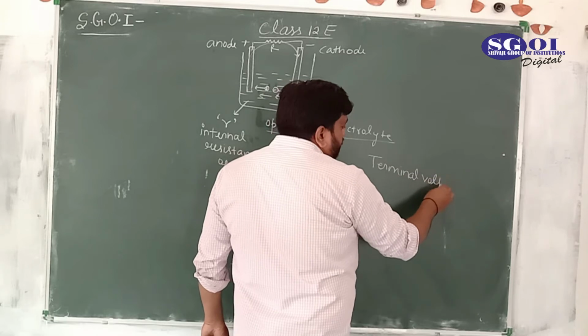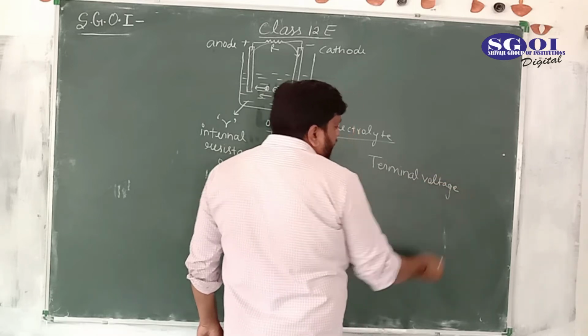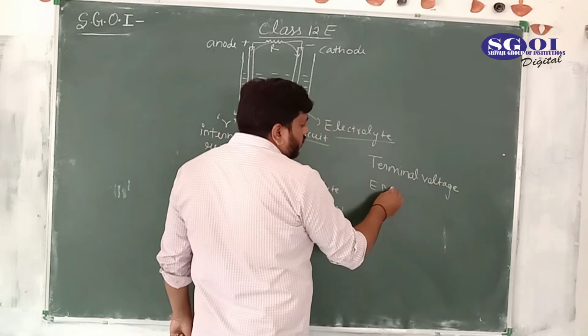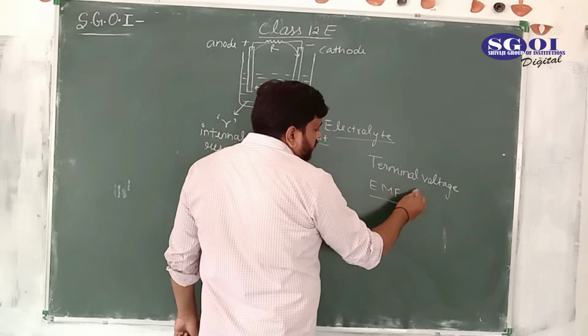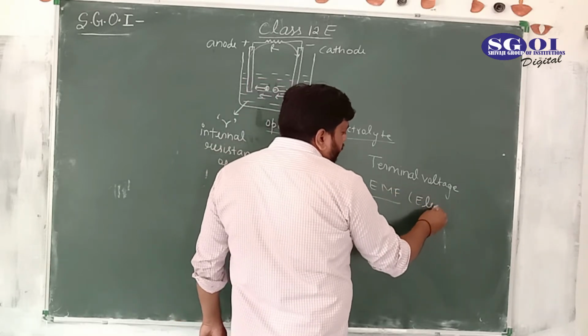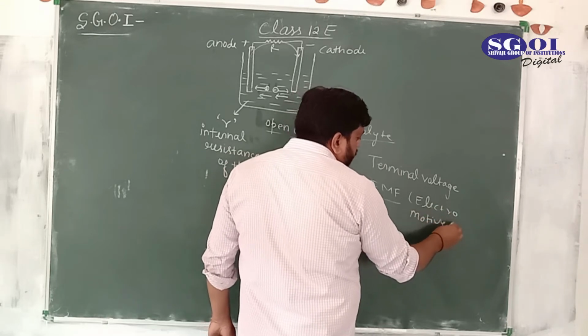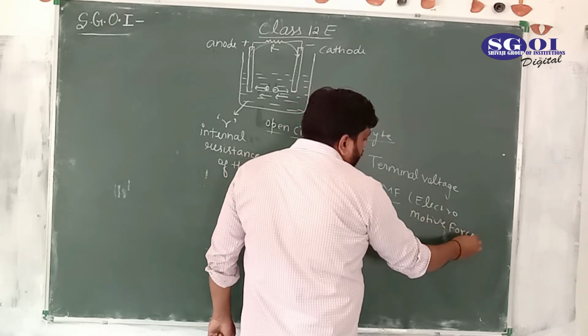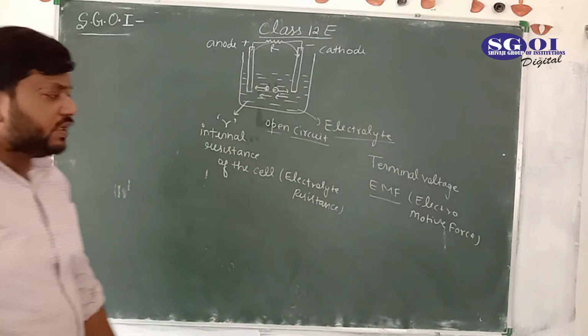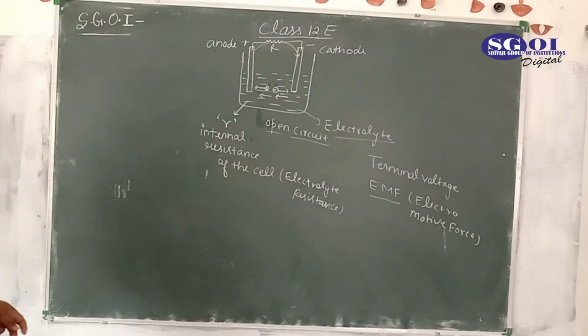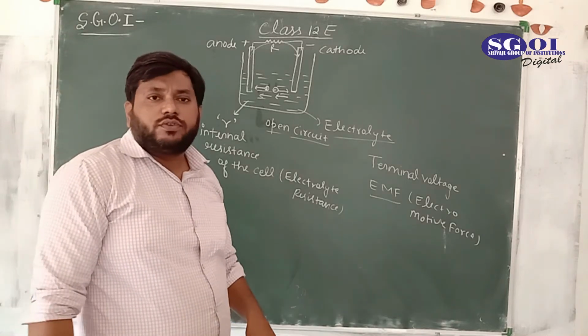One is terminal voltage and the second is EMF, electromotive force. So we have two terms, terminal voltage and electromotive force. What is the terminal voltage and what is the electromotive force?